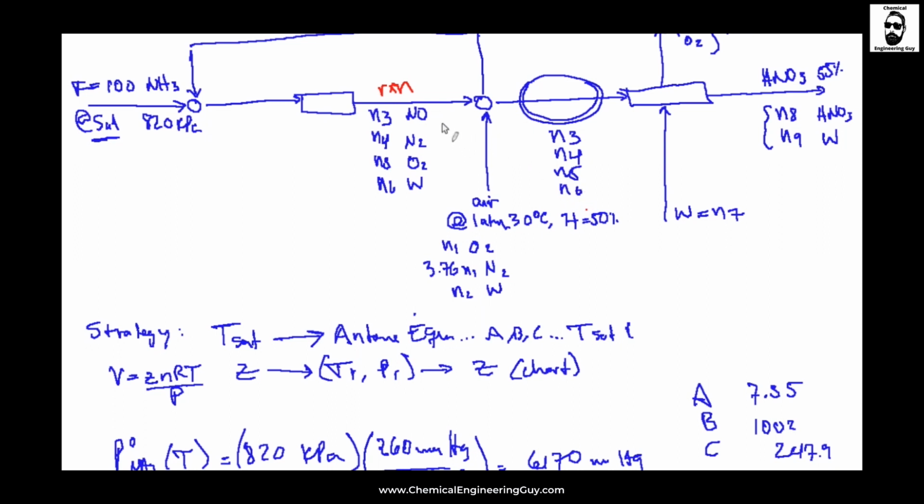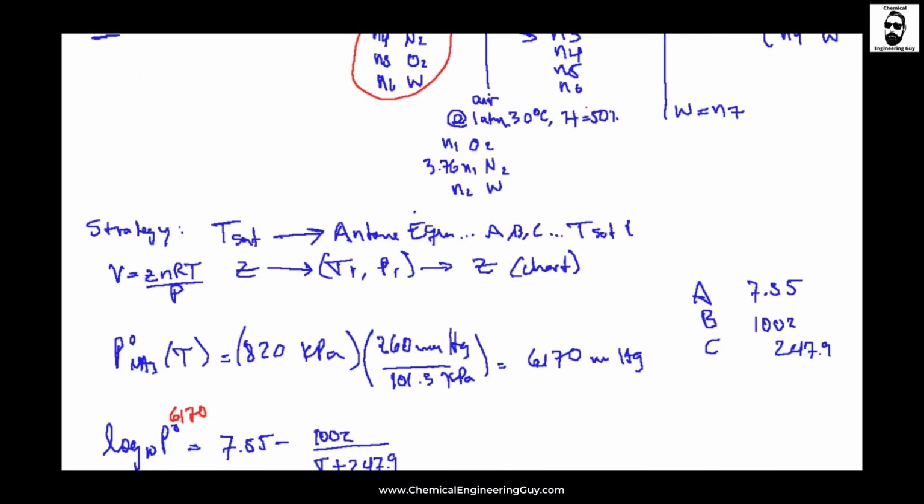Sorry to mix you guys, but this is going to be changing. This is from the reaction, the mass balance from the reaction, and this is when you mix these guys, N2 and N3.